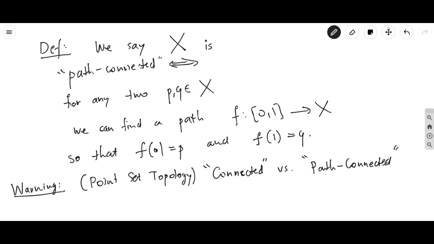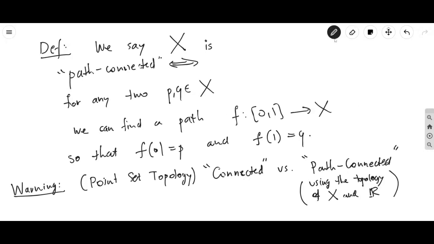The simple explanation is that being path connected uses the topology of X and the real number line, because this is a closed interval on the real number line. So the notion of being path connected uses both the topology on X and the topology on the real line. They both play a role.